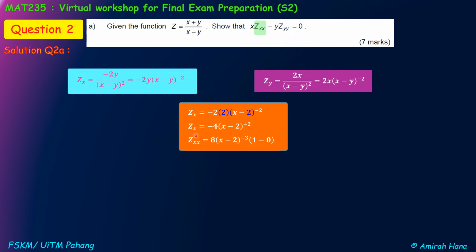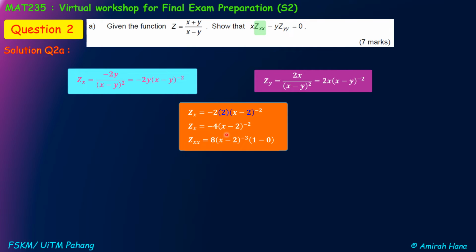So when we differentiate zx with respect to x, we have zxx. How do we differentiate zx with respect to x? Since we have multiplication between a constant and a bracket to the power of a constant, we can differentiate using the generalized power rule.